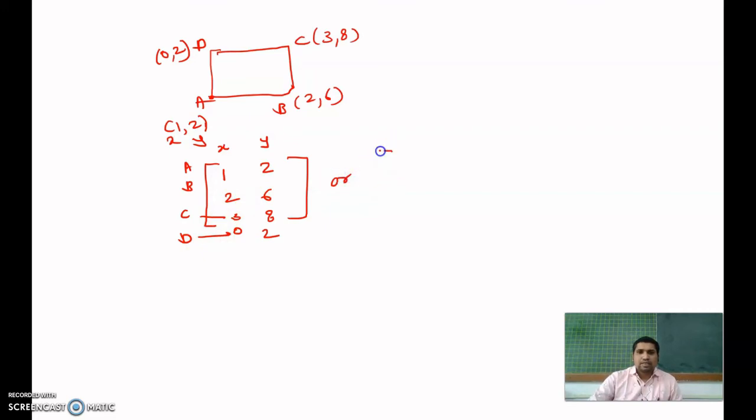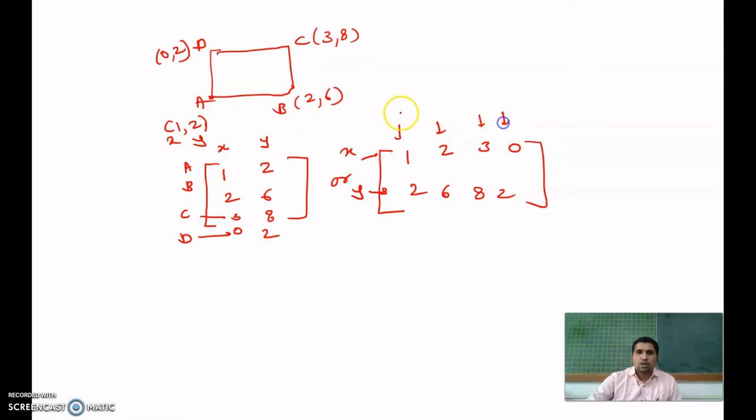We can write this in the same way. When we look row wise, we will get the x and y coordinates, and when we look column wise, we will get all the points' x and y values. That way also we can write it down.